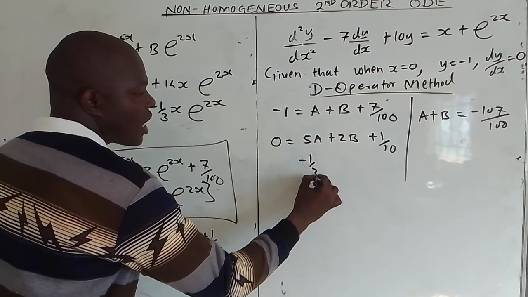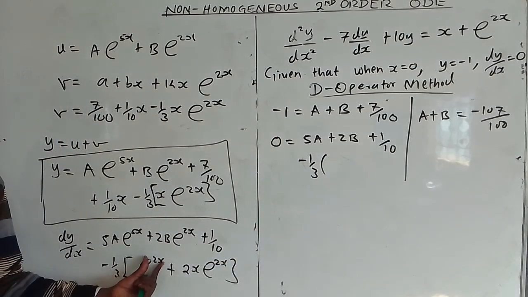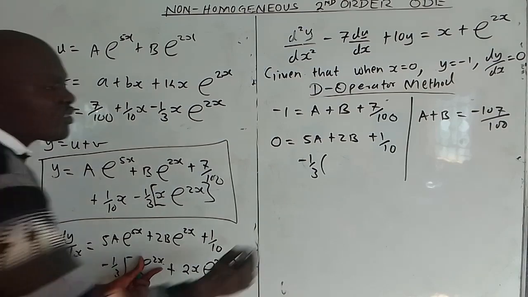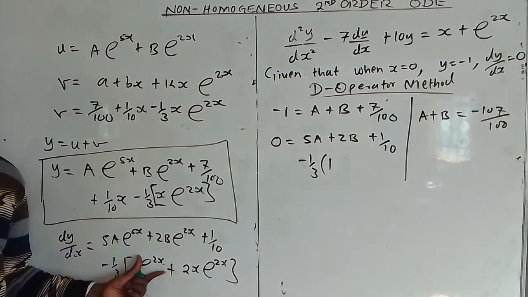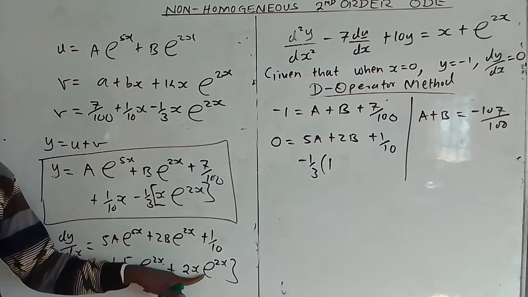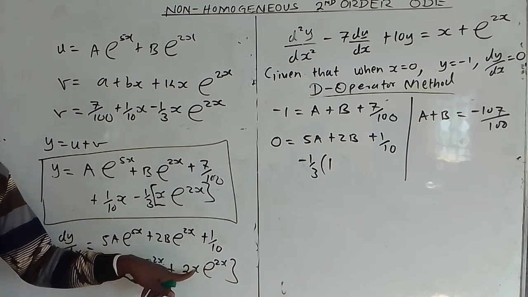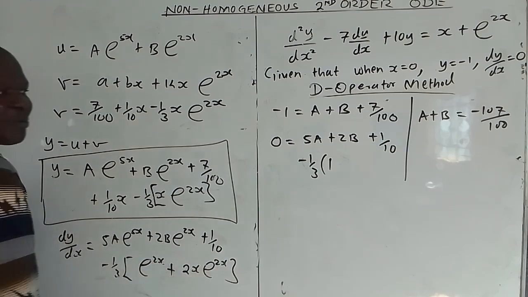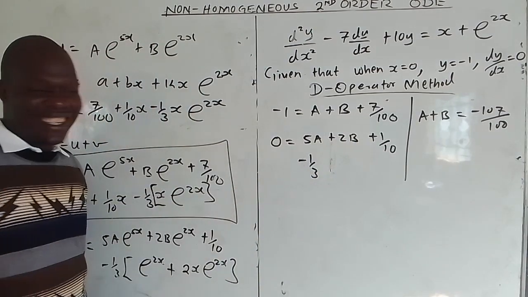Plus minus 1 over 3 into, where the x you put 0, exponential 0 is 1, isn't it? Where there is x you put 0. So if you put 0 here, everything here goes to 0, because x is 0. So you just remain with a third into 1, which is just a third, isn't it?